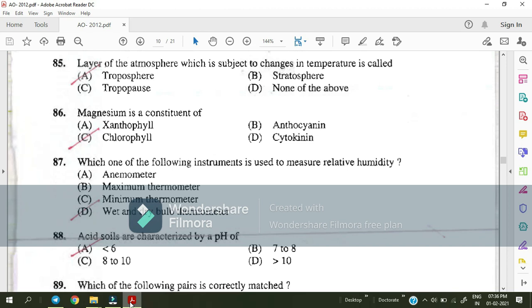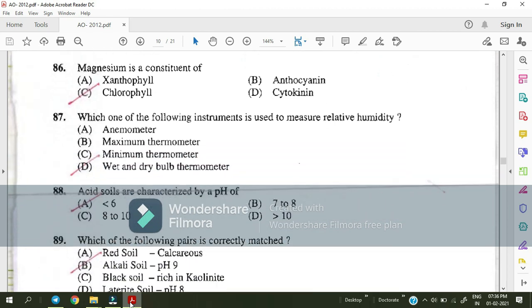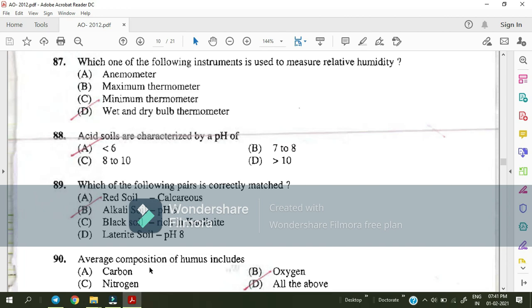87th question, which one of the following instruments is used to measure relative humidity? Wet and dry bulb thermometer. 88th question, acid soils are characterized by a pH of less than 6. Which of the following pairs is correctly matched?